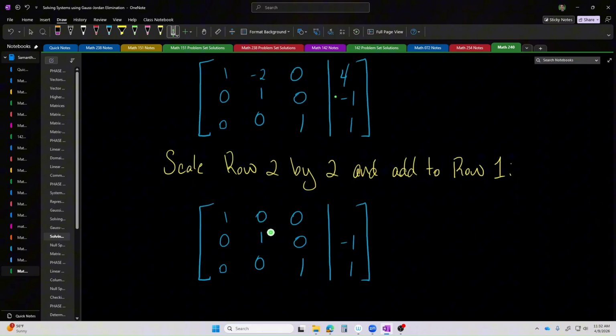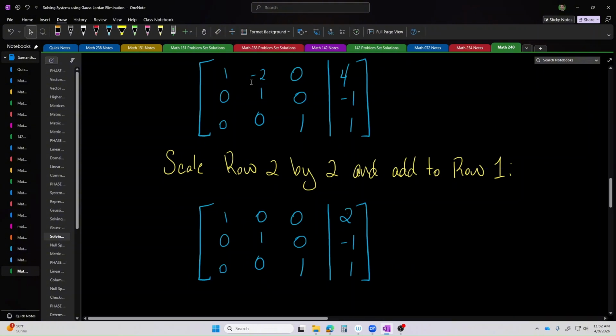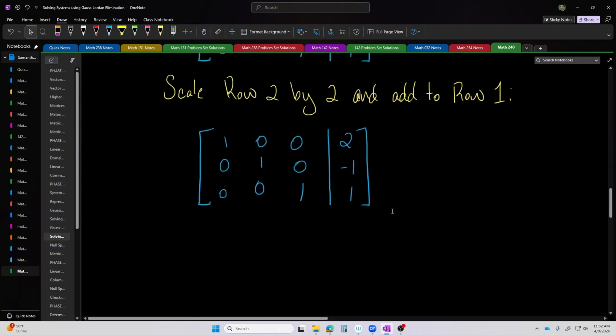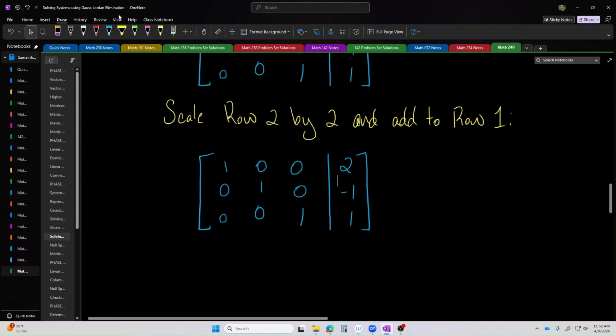We get this minus 1 in row 2 times this scalar of 2. So negative 2 plus 4, result 2. Okay, so now our augmented matrix is in reduced row echelon form. So the Gauss-Jordan elimination process has been completed.